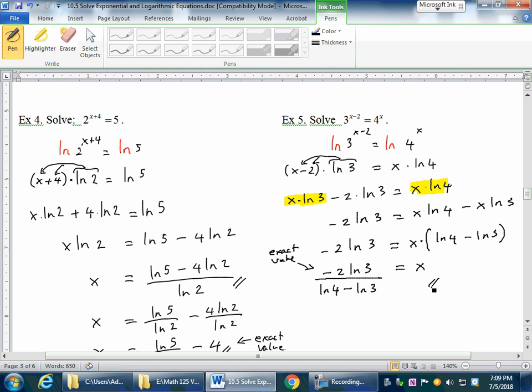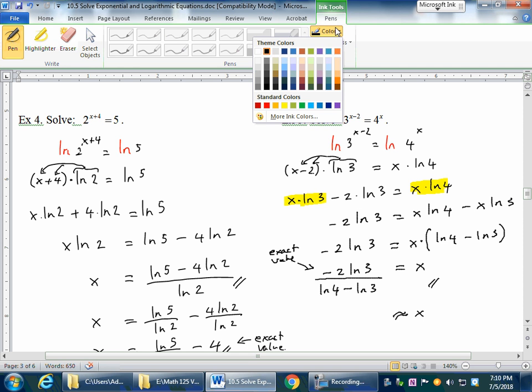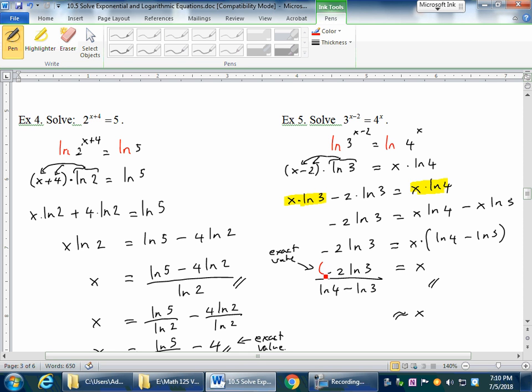Okay? And the approximation will become this. So x is approximately, now use a calculator to compute that. Make sure you use your calculator correctly, because all the parentheses must be put in properly so that you will get the right answer. So this is how I will put it in my calculator. I will put open parentheses and close parentheses on my numerator, and then divided by open parentheses for the denominator and then close parentheses.